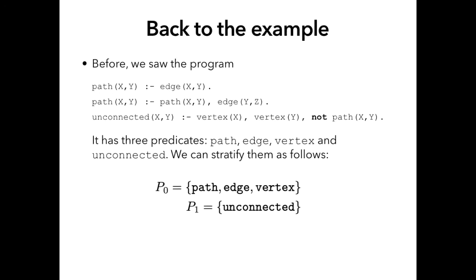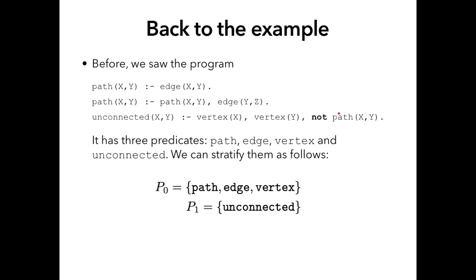Now back to the example. What we saw before was this graph program. It's got 3 predicates, it's actually 4. It's got path, edge, vertex, and unconnected. 1, 2, 3, 4. And how do we stratify them? Unconnected is defined using a rule that mentions a negative atom, not path.